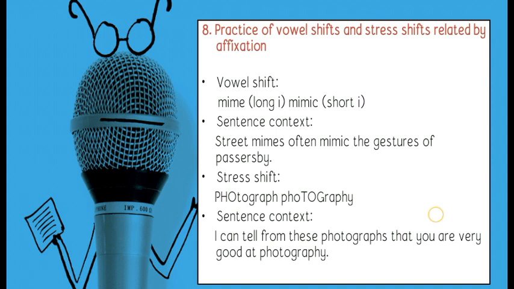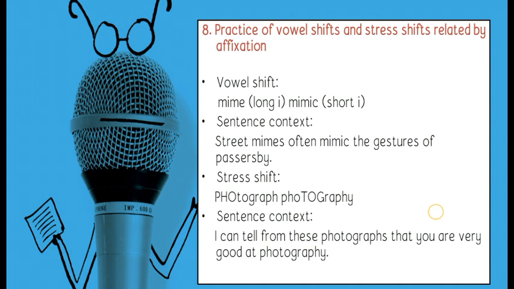So the eighth is the practice of vowel shift and stress shift related by affixation. The first is the vowel shift. The word is mime. The I sound here is a long I, mime. And the word mimic. The I sound here is just a short sound of I, mimic.